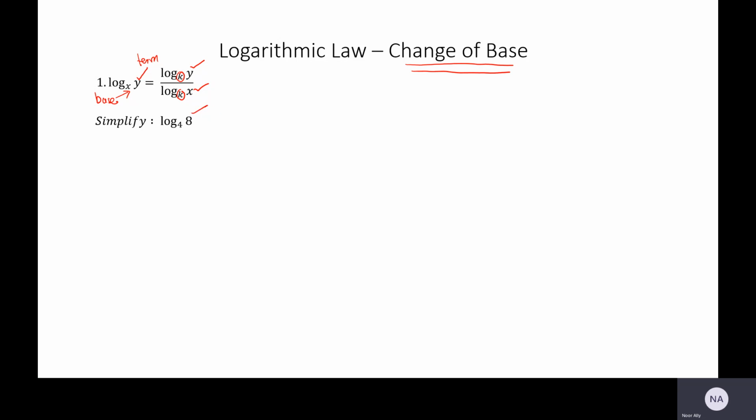The term is 8, the base is 4, so that can be written as the log of the term 8 divided by the log of the base 4, and then I can decide whatever base I want to choose. So I'll just leave it like that because that's my standard base 10. And now I can simplify.